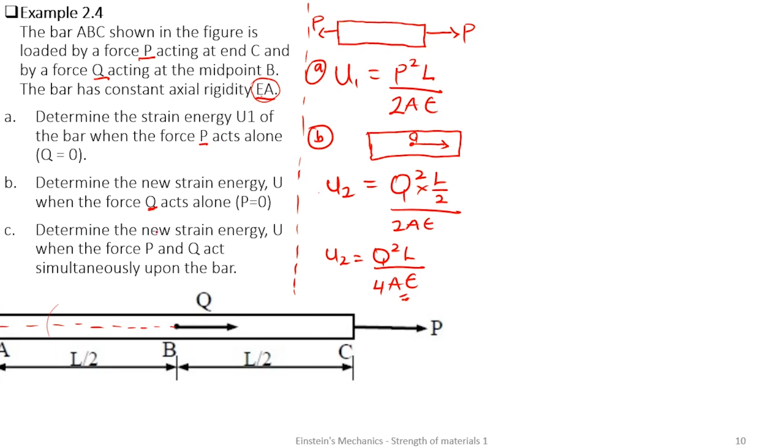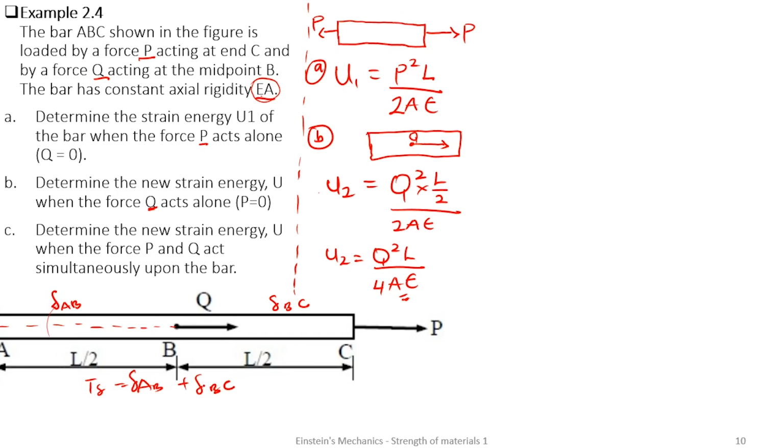Now we are to determine the new strain energy when the forces P and Q act simultaneously upon the bar. One thing we have to know is that if there is an elongation in AB and an elongation in BC, the total elongation is going to be the elongation in AB plus the elongation in BC.